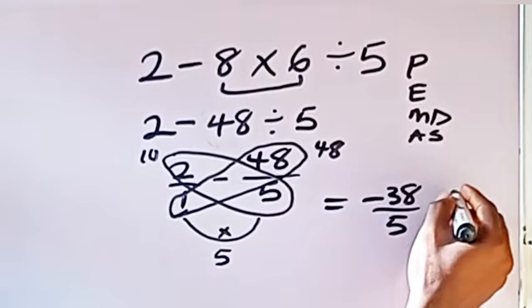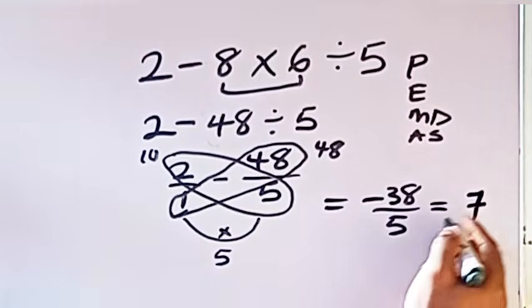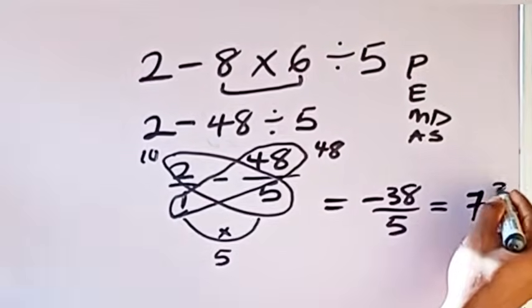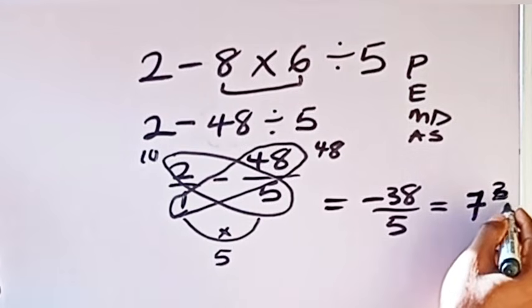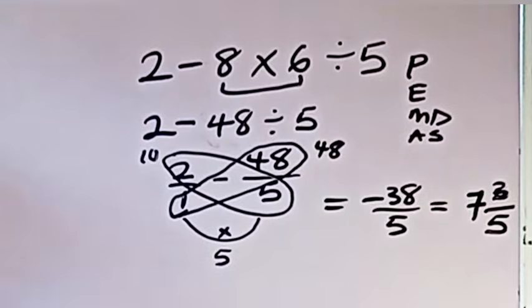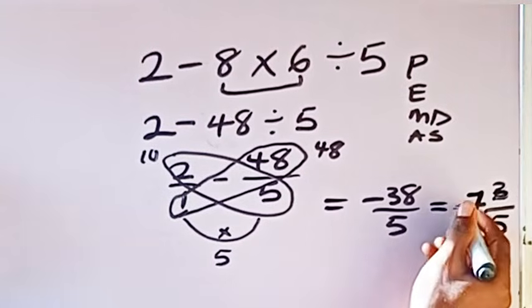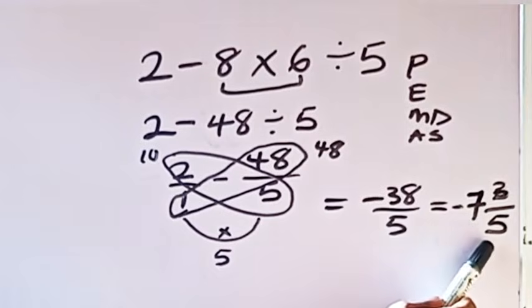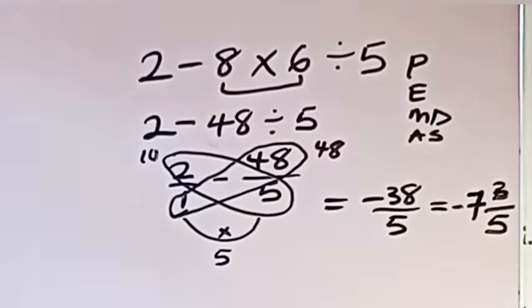It will go 7 times, remainder I think it's 3. So here will be 3 over 5. Okay, so put the negative sign here. So we add our negative sign. All right, so now we have a mixed fraction answer and an improper fraction.